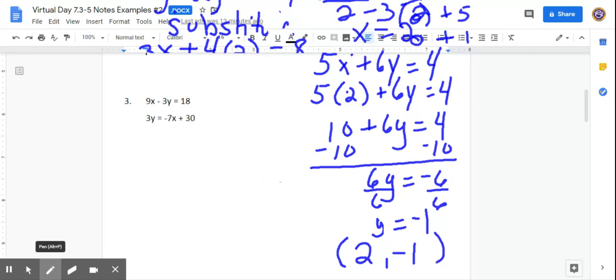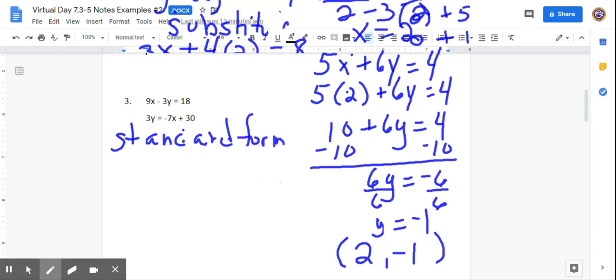All right, let's do number 3. Well, 3 looks a little different. Notice that second equation is not written in standard form. So the first thing you have to do is write the equation in standard form.